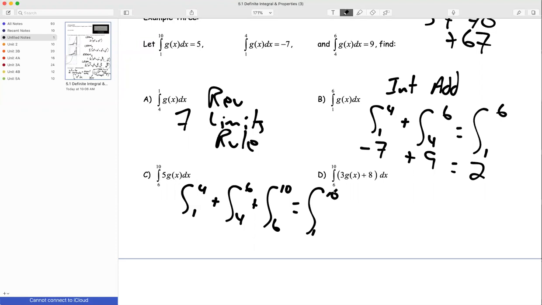Right? Yes? That's one of my rules. So what's the integral from 1 to 4? It's -7. What's the integral from 4 to 6?